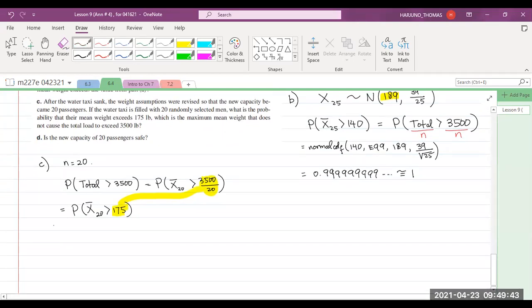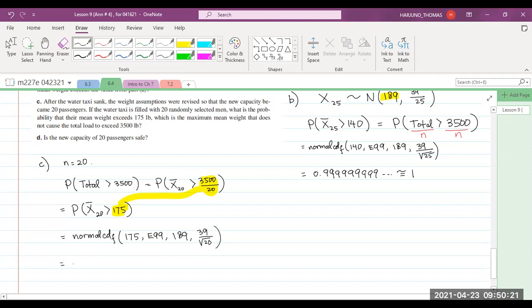Okay, now then this will be normal CDF, lower bound 175, upper bound is E99, the mean is 189, standard deviation is 39 over square root of 25. I'm sorry, square root of 20, because it is the average of 20 men.